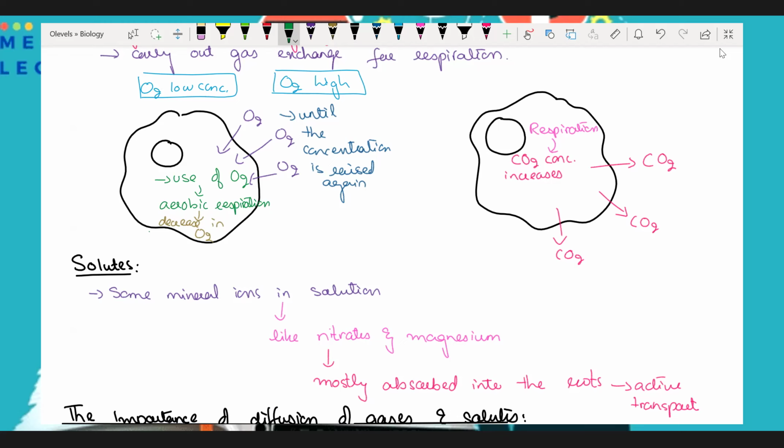And if the concentration of oxygen is going to get decreased inside this animal cell, what will happen then? As the oxygen will be in more concentration outside the cell, the molecules of oxygen will start entering the cell, right? To fulfill the requirement of O2 and to balance the concentration of O2 inside and outside of the cell. Is that clear?